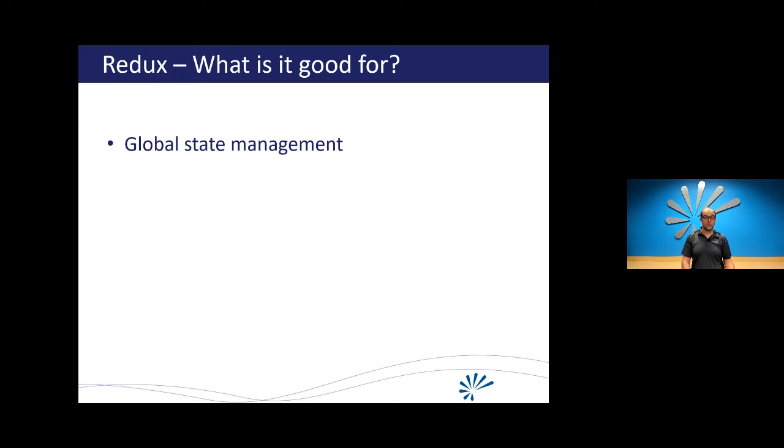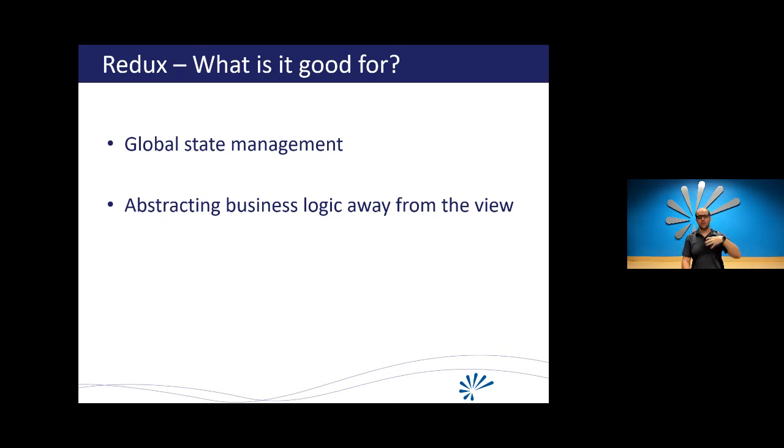It's great for global state management. That's the selling point of Redux, is everything's there. We are taking our business logic out of the views and moving it into reducers and actions. It allows your React code to do the React thing, which is rendering things and maintaining component state, and takes all of your business code of what does it mean to add something to cart?